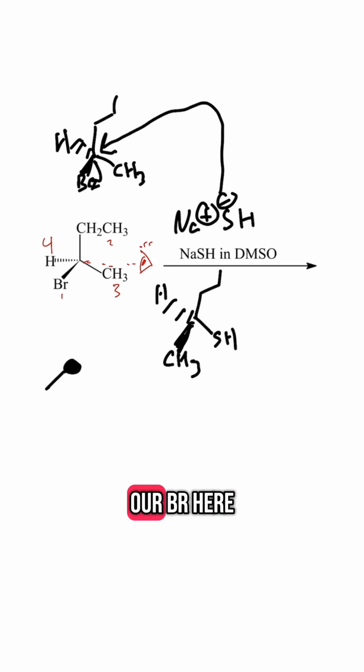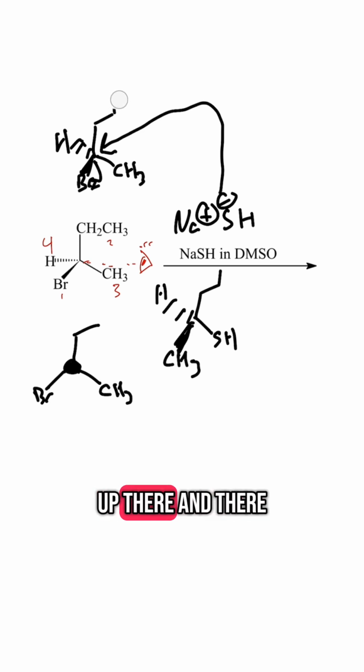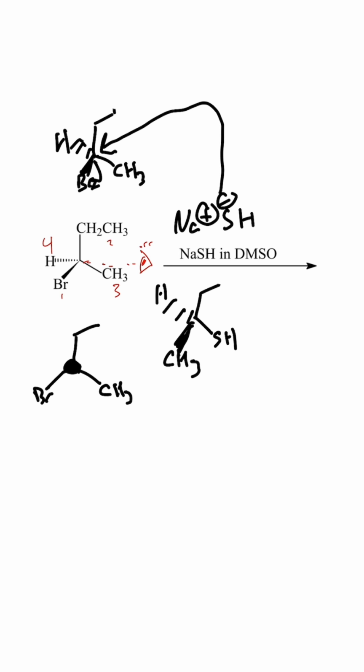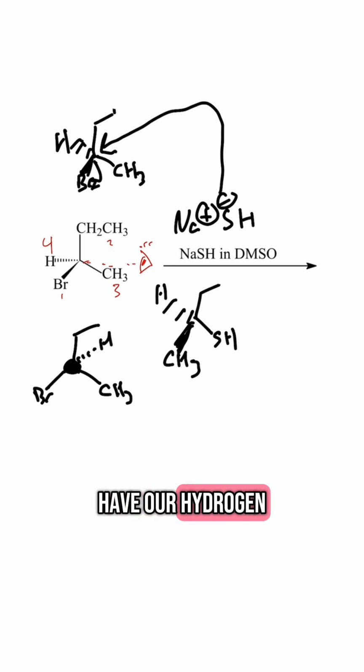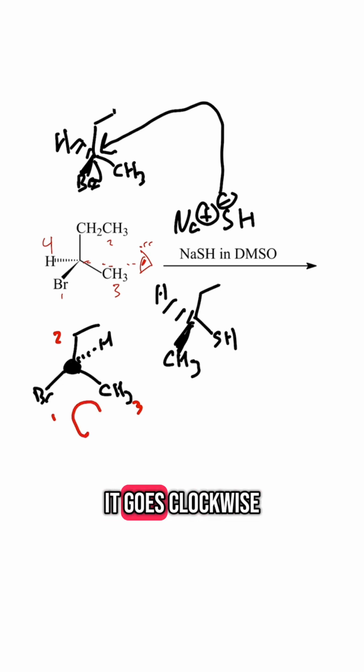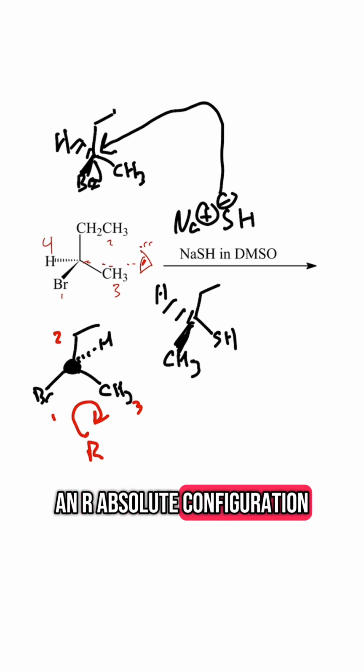Then we have our Br here, CH3, ethyl, 1, 2, yep. Oh, I just realized I put an extra one up there. And then we're going to have our hydrogen. Remember, dash means away, wedge means coming at you. So we are looking at this in the correct order. We number our substituents, and then it goes clockwise to the right, which is R. It is an R absolute configuration.